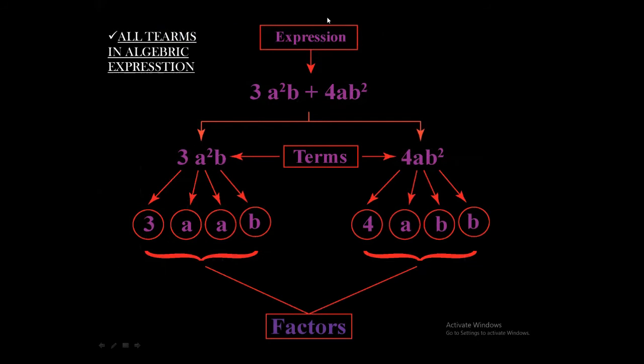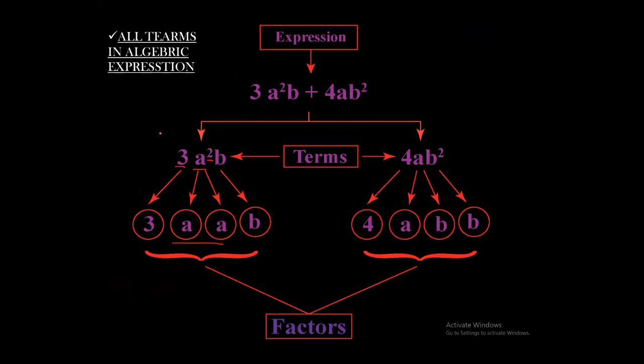So here you can see this is the expression which is divided into terms. We have 2 terms here and those terms are divided into factors. So in this term we have 3a and a squared.